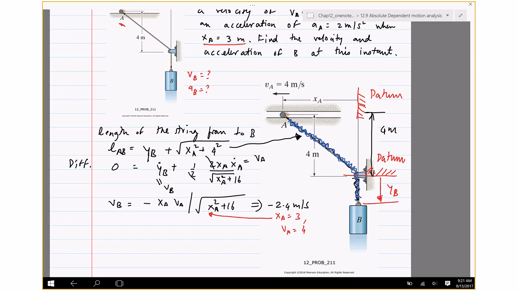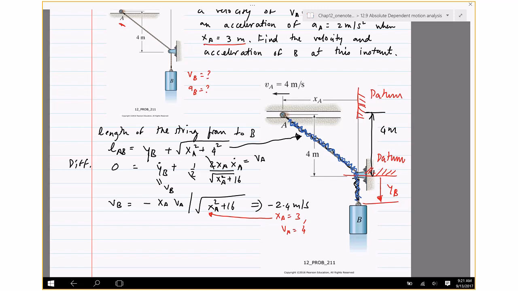So when you choose it the other way around, what will happen is, let's say I choose this to be the origin. I would recommend it, but if you choose this origin and you choose y to be positive, then this will become negative in that expression, because otherwise that length is not right.